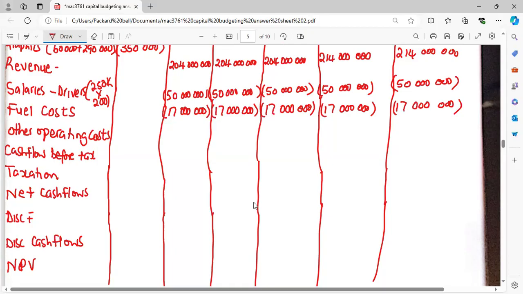Then we also need other operating costs. Here we say it's 40,800,000.